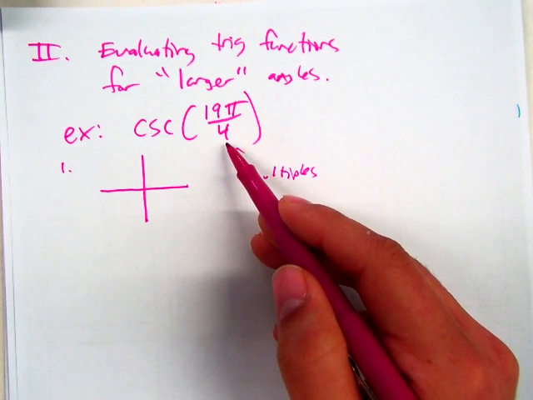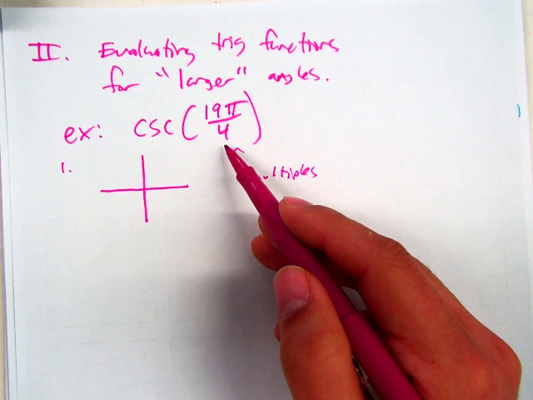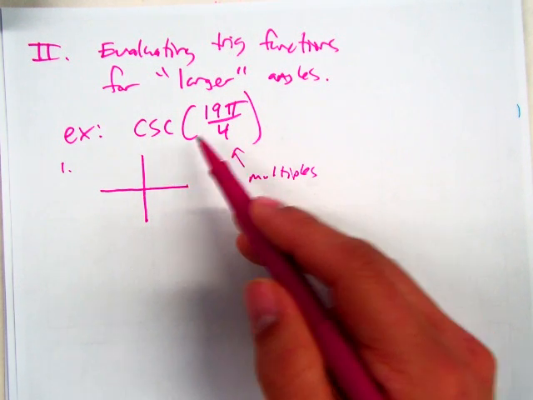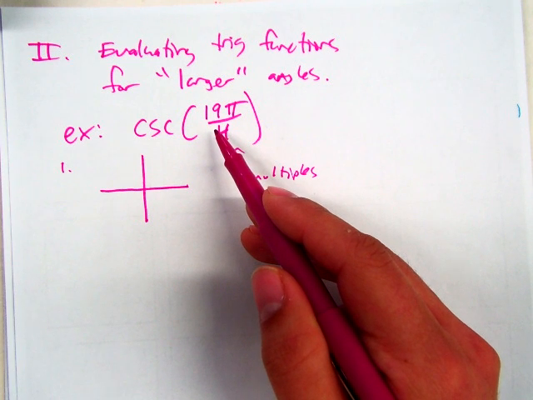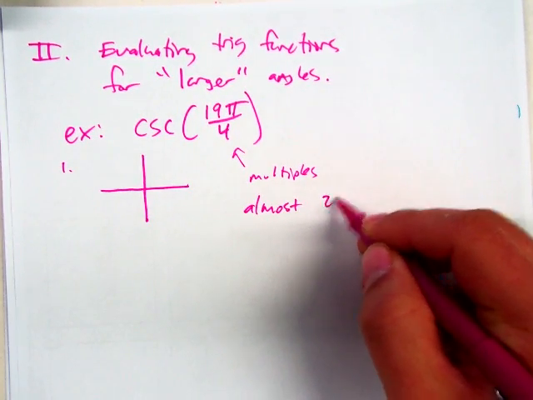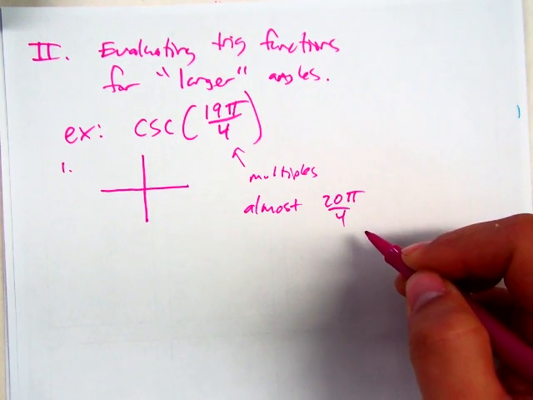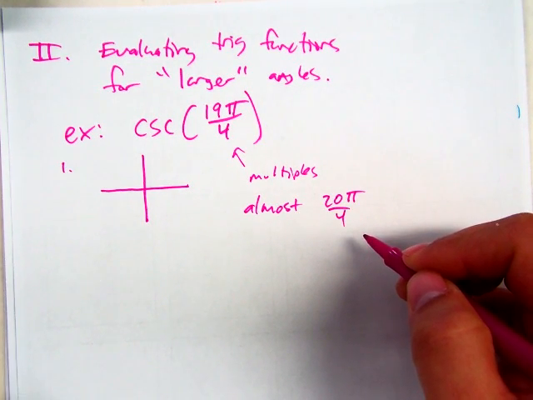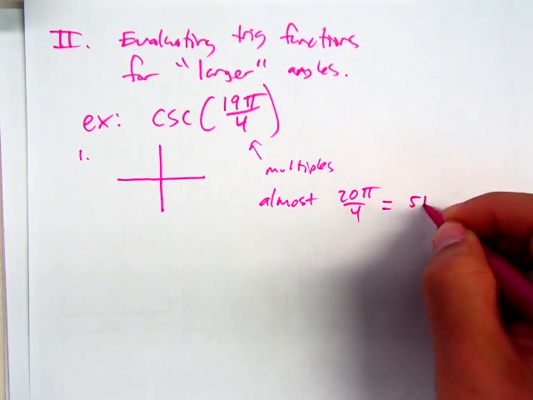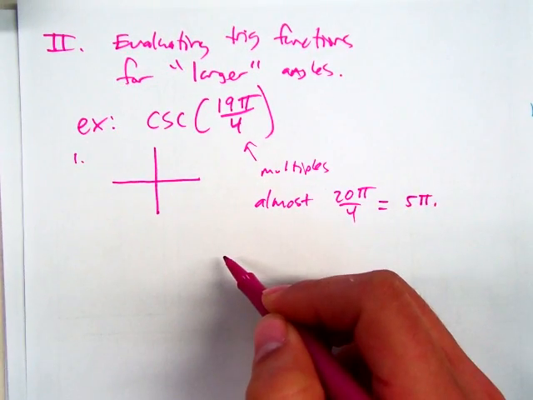What's the next multiple of 4? 8. Keep adding 4. 12, 16, 20, 24. Which multiple of 4 is 19 really close to? 20. It's almost 20 pi over 4. Almost, not quite. It's a little less, right? What's 20 pi over 4? 5 pi, and we should be able to do that no problem, right?